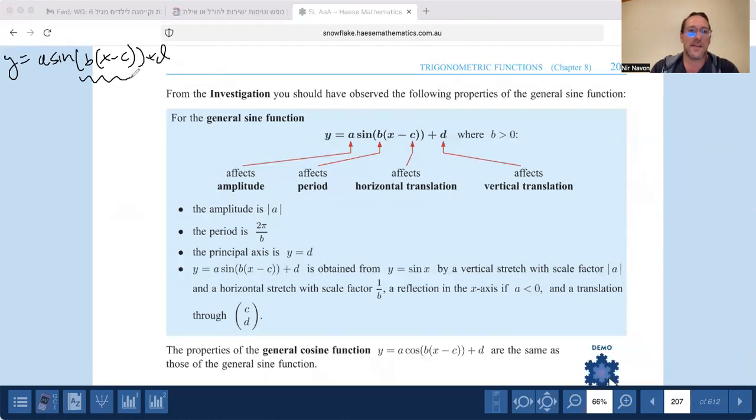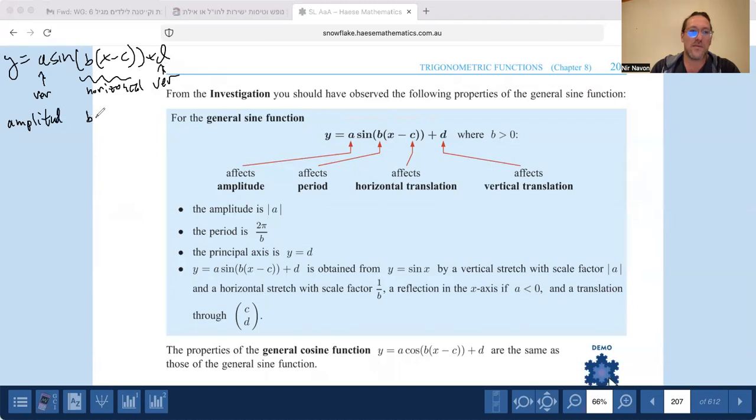Here we see this would affect the horizontal, which is again counterintuitive, 1 over b, and if it's minus, then it goes to the right. This is the vertical, and this would be again vertical, and that would be the amplitude.